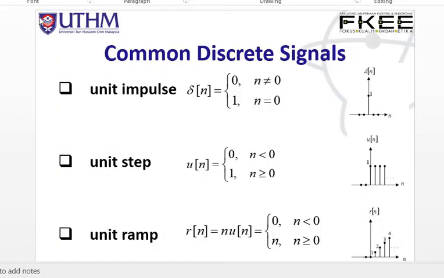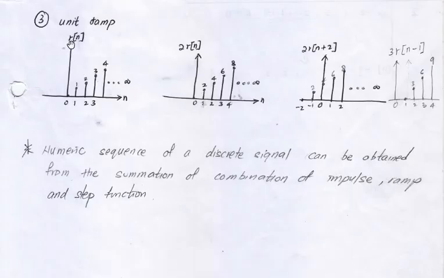The third common discrete signal is the unit ramp. The unit ramp is more or less like a triangle. It goes up. We write the unit ramp as r(n).